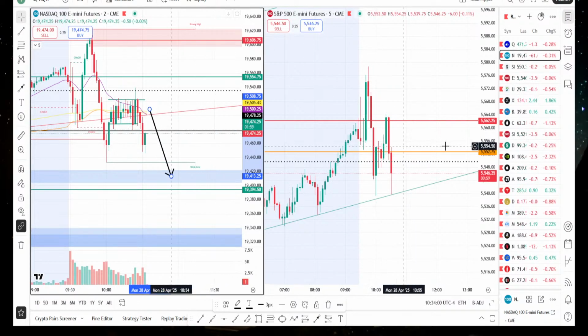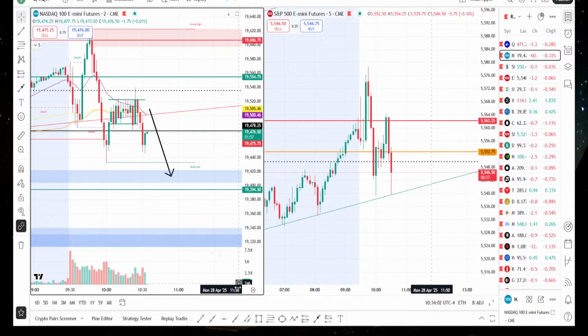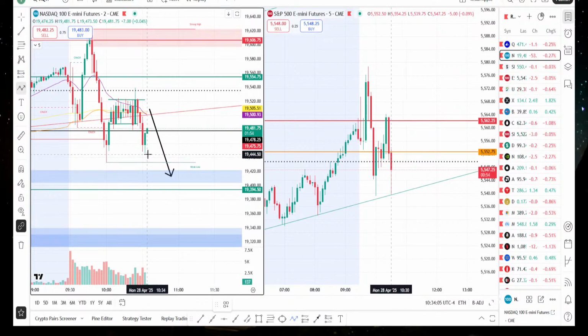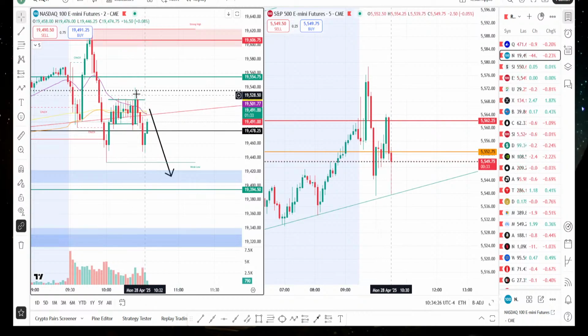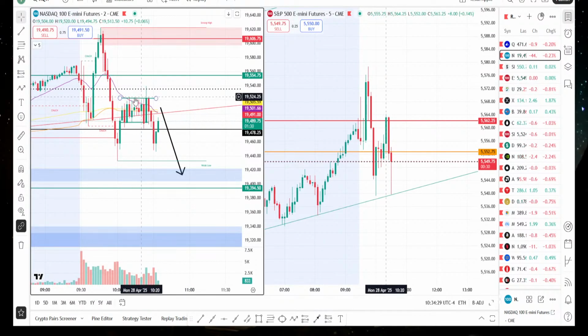All right, we're getting a pullback here, so looking for price to use this area of support as resistance. If not, what could happen is price will now move back up here. Maybe it'll pull back and then it'll go back up. So when you're on the sell, when you're on puts, you want to pay attention to your resistance levels, and you want to see support break and then turn into resistance.